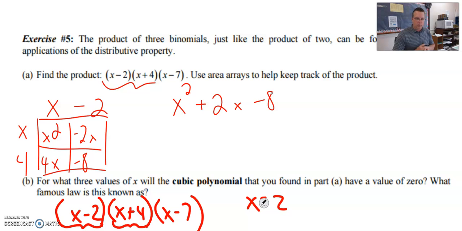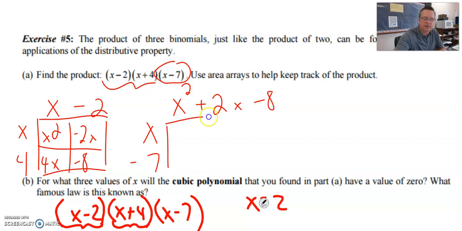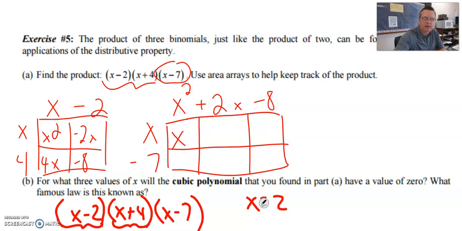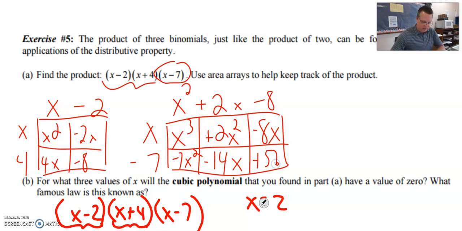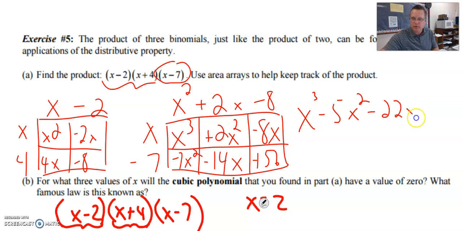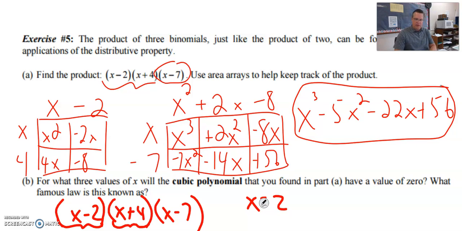Now you have to multiply by the x minus 7. So you see how I'm doing this? Here and here, here. So we have x cubed plus 2x squared minus 8x minus 7x squared minus 14x plus 56. Then we have x cubed minus 5x squared, those peanuts come together, minus 22x plus 56. There you go.